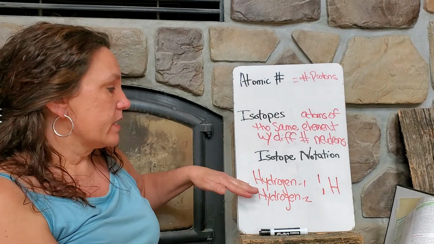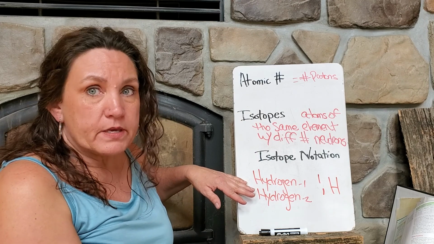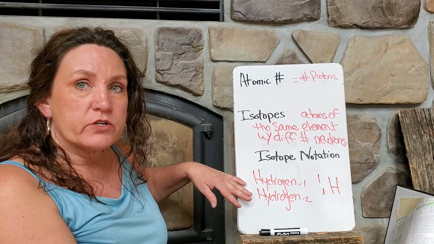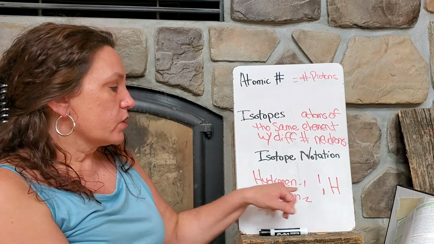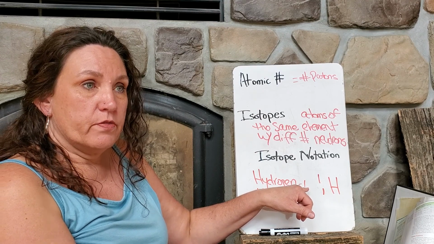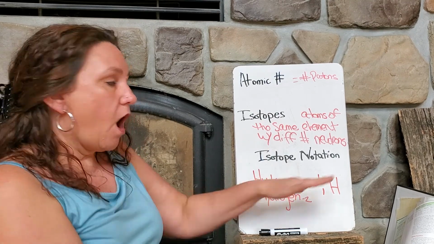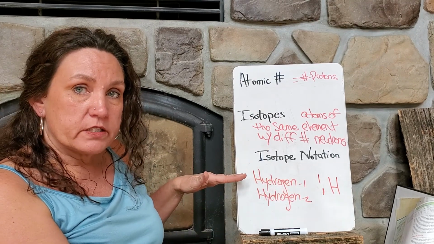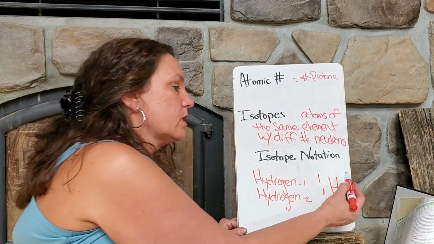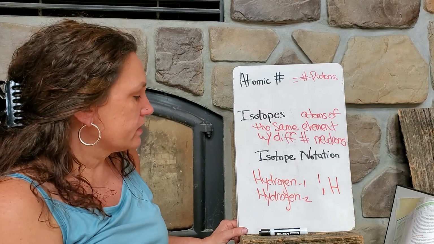So this hydrogen-1 has to have 1 proton. I know that because it's hydrogen, and if it doesn't have 1 proton, it's not going to be hydrogen. And there could be no neutrons simply because that's what it weighs. It weighs 1, and we've already got that. Oftentimes we ignore electrons in these, but if something gained or lost electrons, we could put the positive or negative number over here to show that it gained or lost electrons.